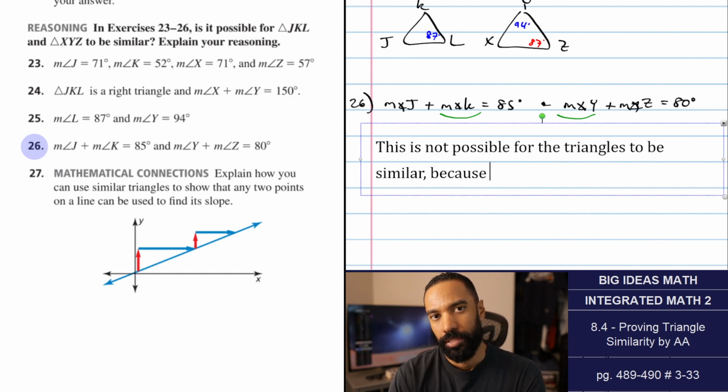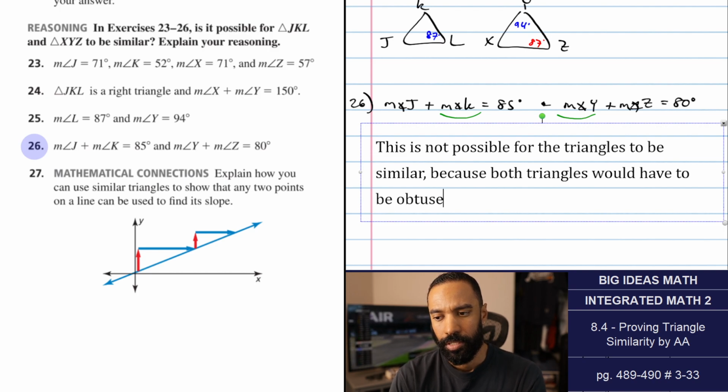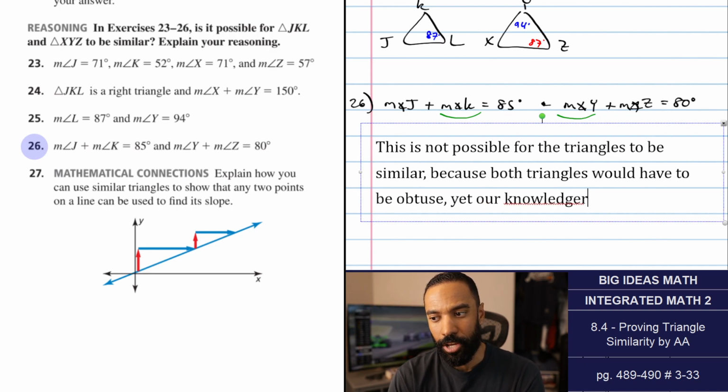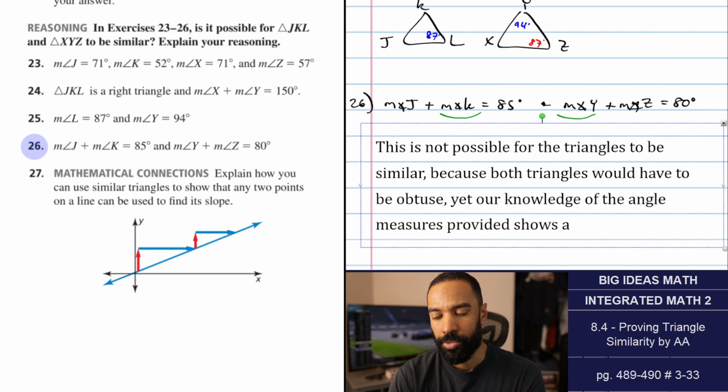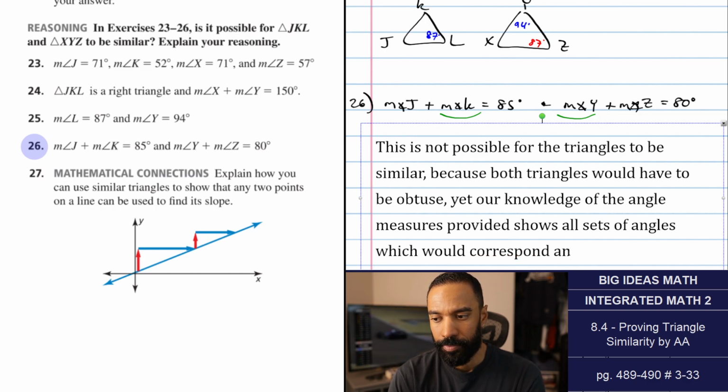Because both sets of triangles would have to be obtuse, yet our knowledge of the angle measures provided shows all sets of angles which would correspond and be equal would have to be acute.